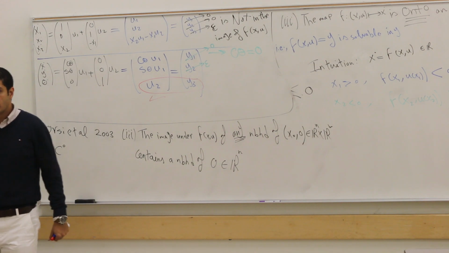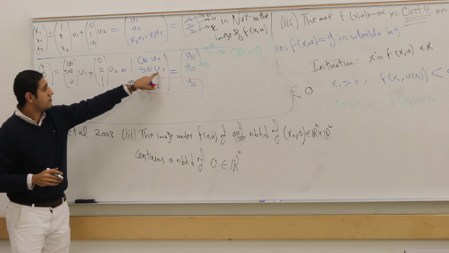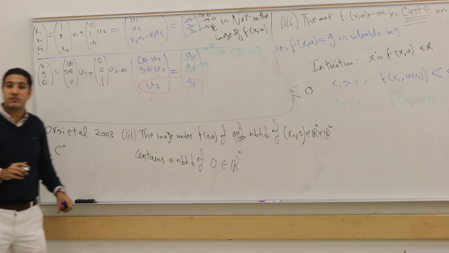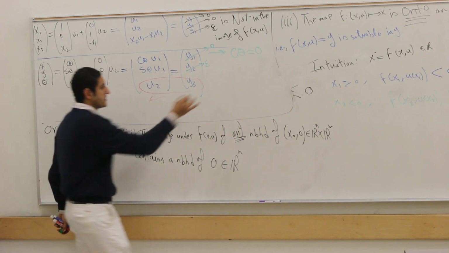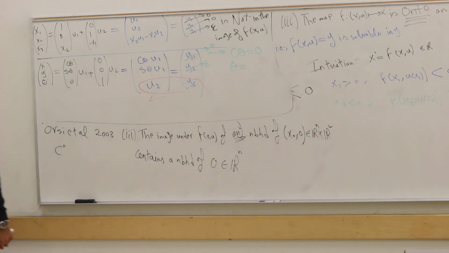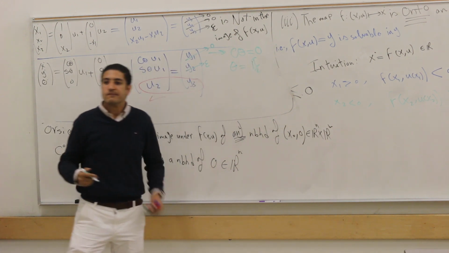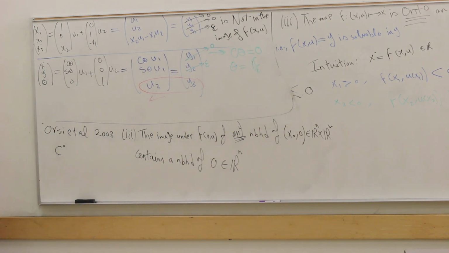Which means sine is 1, so you can use u1 to satisfy the second equation, fine, but cosine theta is 0 means theta is what? Theta is plus or minus Pi over 2, or its multiples. So it's not in a small neighborhood of the origin.